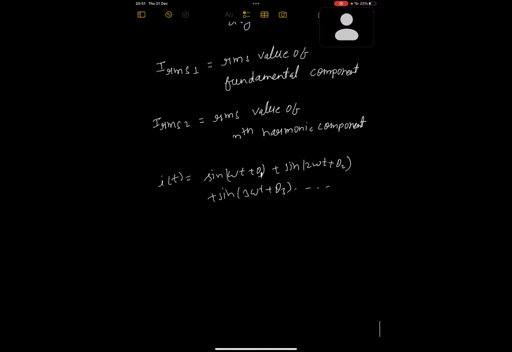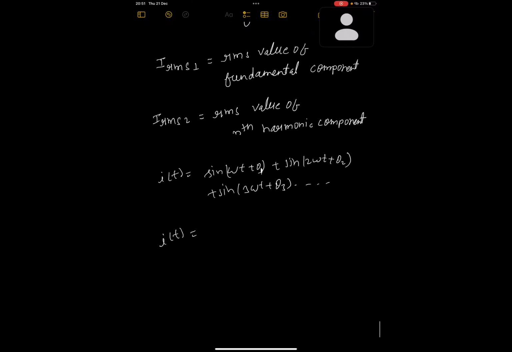So how can you combine these terms? Summation n equal to 0 to infinity sine n omega t plus theta n.